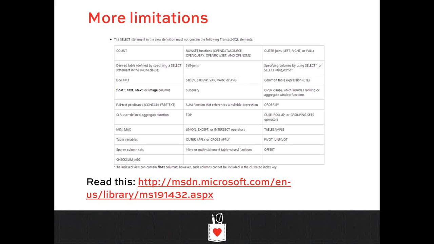This can definitely narrow down the queries that you can use an indexed view for. However, you could still, if you have some base underlying tables, create an indexed view and then perform some of these aggregations on the view itself rather than trying to make a big, complicated, messy query.